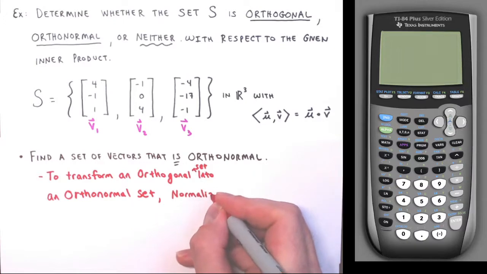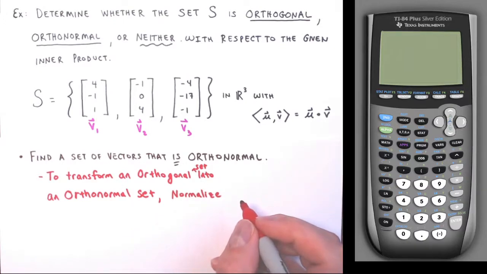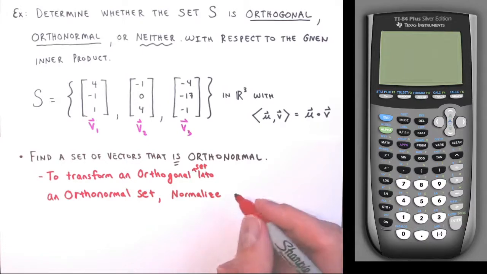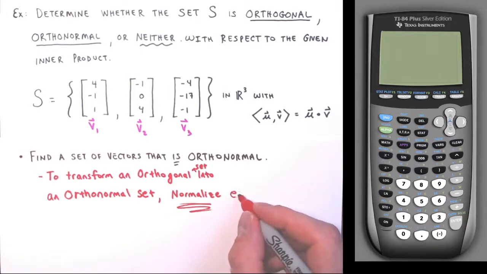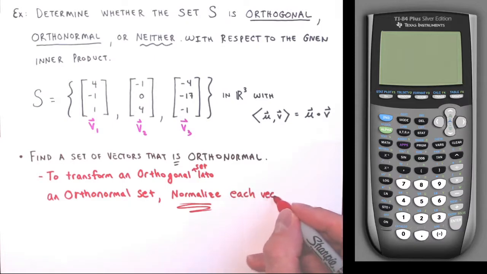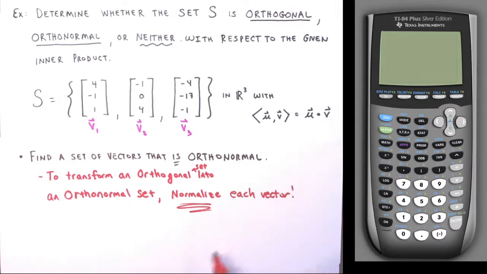Just multiply every vector by the reciprocal of its norm to turn it into a unit vector. Remember, this requires finding the norms.